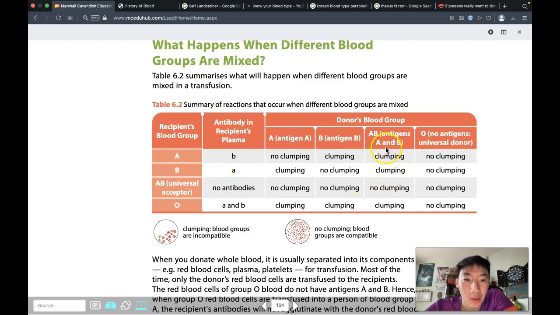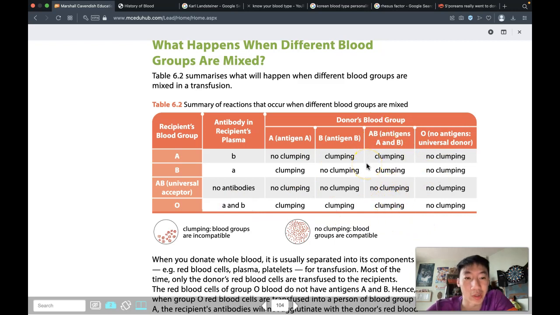The only person that the AB donor can give to is another AB. So AB can give to AB, and AB are called the universal acceptor. They can accept any kind of blood. And of course O, because O has both antibodies, it also causes clumping. Okay, that's about AB.